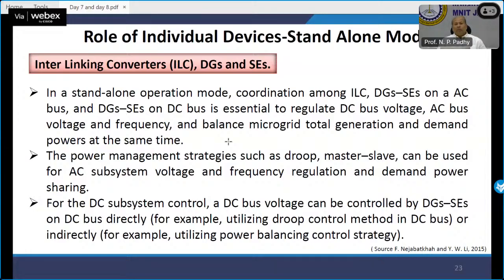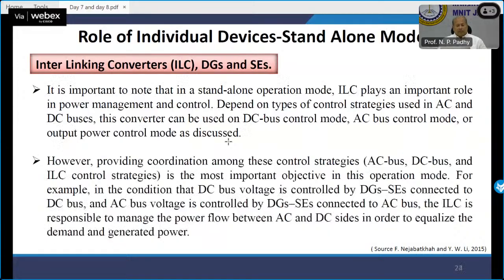Power management strategies such as droop and master-slave can be used for the AC subsystem, voltage and frequency regulation, and demand power sharing. But for DC subsystem control, the DC bus voltage can be controlled by DGs and ESSs on the DC bus directly, for example utilizing a group control method in the DC bus, or indirectly, for example utilizing power balancing control strategies.